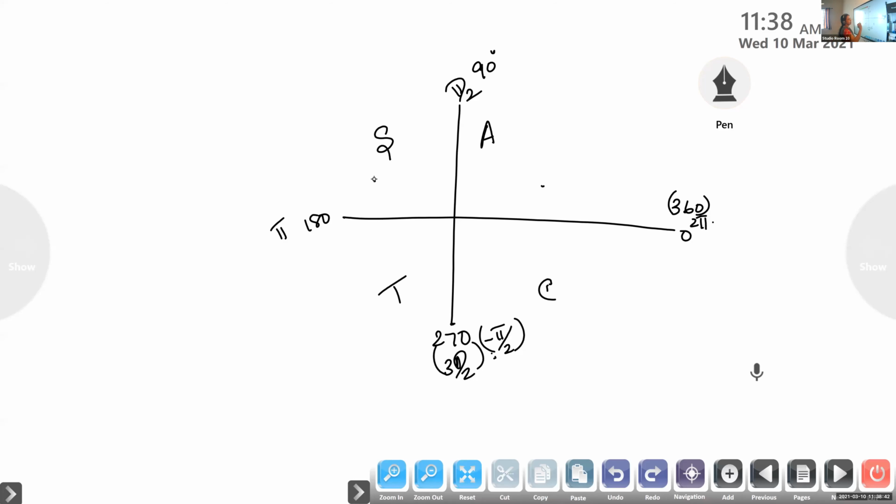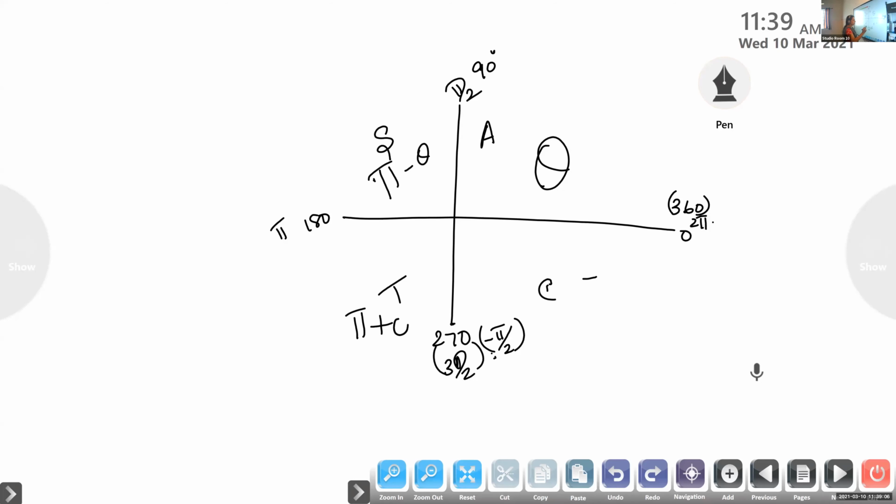So here, listen children, this is an easy way for thinking. In the first quadrant, we will take theta. In the second quadrant, we take pi minus theta. Last year we learned this for complex numbers, the polar form. The same concept we are using here. It is theta, pi minus theta.